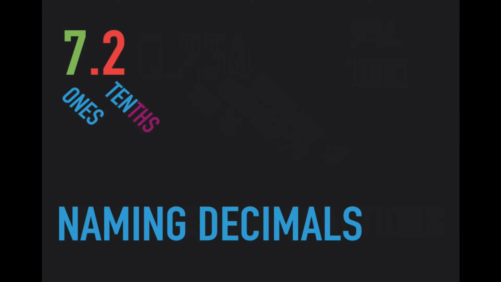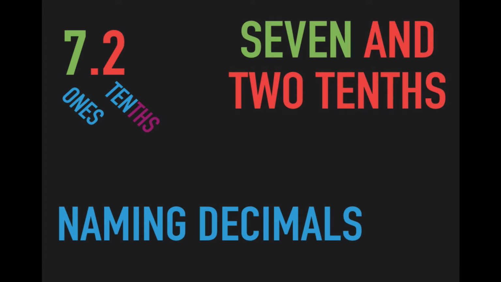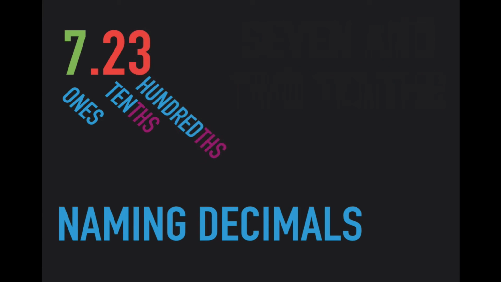Another part you need to know for this section is the proper way of naming decimals in words. In words, you would say something like, this is 7 2/10. So 7 whole and 2/10. But as we go along, you wouldn't call this 7 2/10 and 3/100ths. Because hundredths is the smallest unit in this decimal, you talk about it based on hundredths.